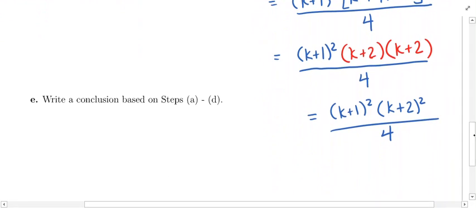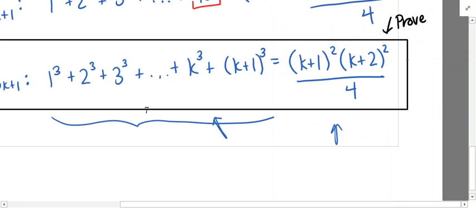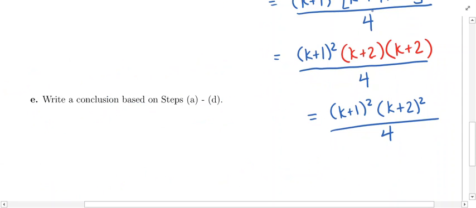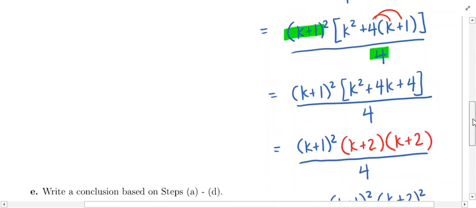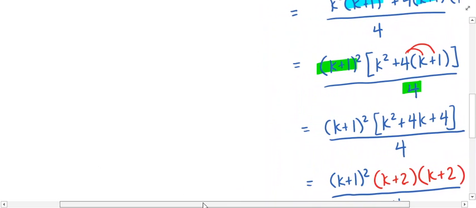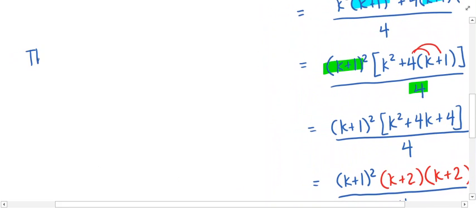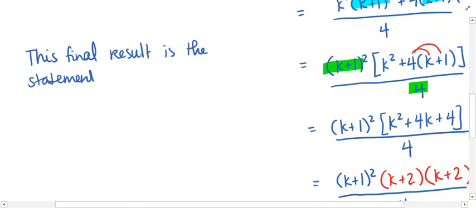We have reached the right side of the equation in part C, so we are done with the induction step. I'm going to do a little summary blurb right here. I'm going to say this final result is the statement for n equals k plus 1.